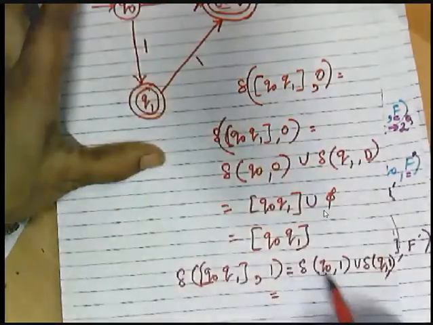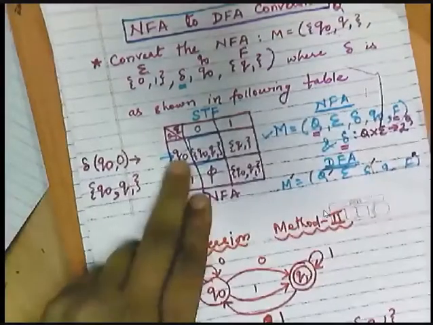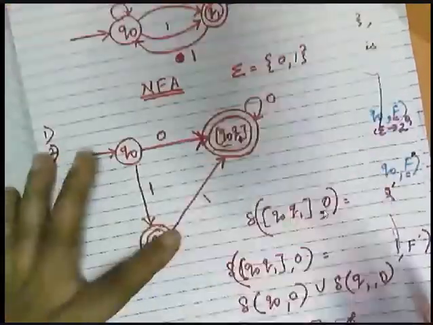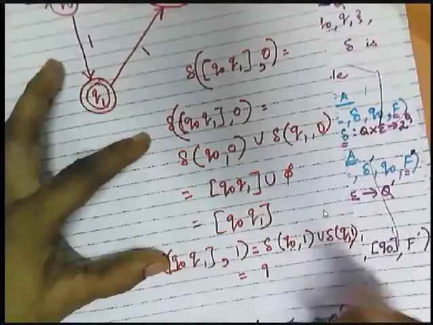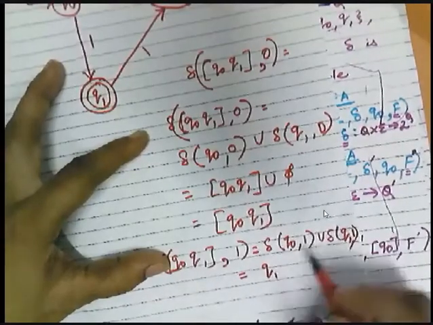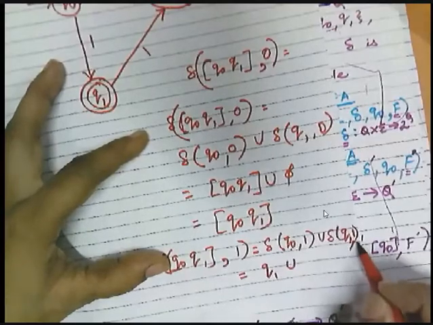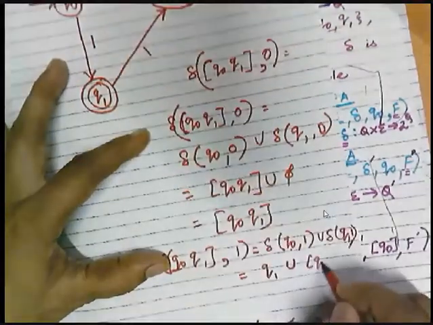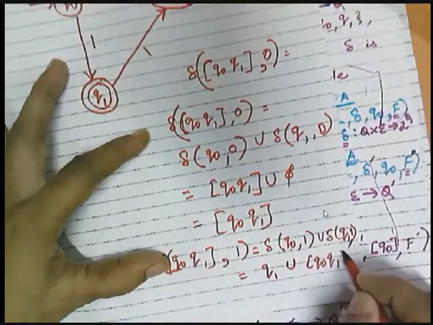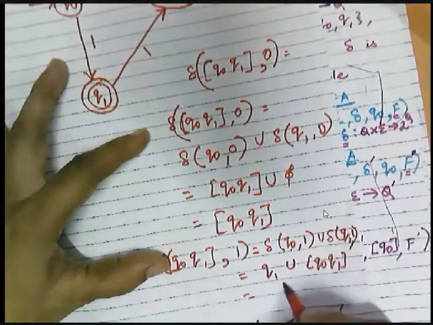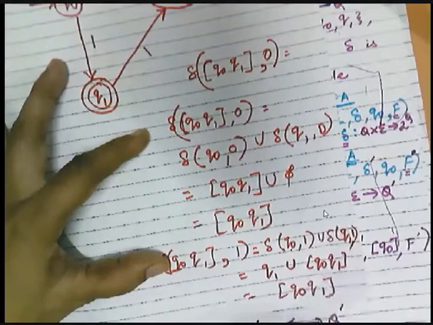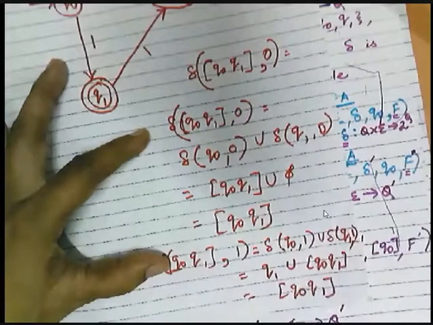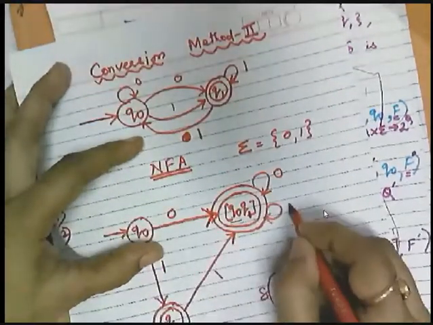In this table also you can see Q0 on 1 moves to Q1 only. So it is giving you the state Q1, union delta Q1 on 1. Delta Q1 on 1 moves to the state named Q0, Q1. So finally the union of this will be Q0, Q1. So we have to mark the state again as final.